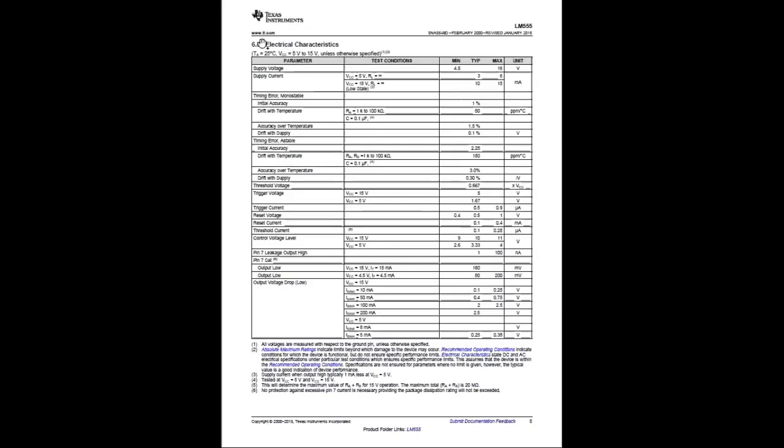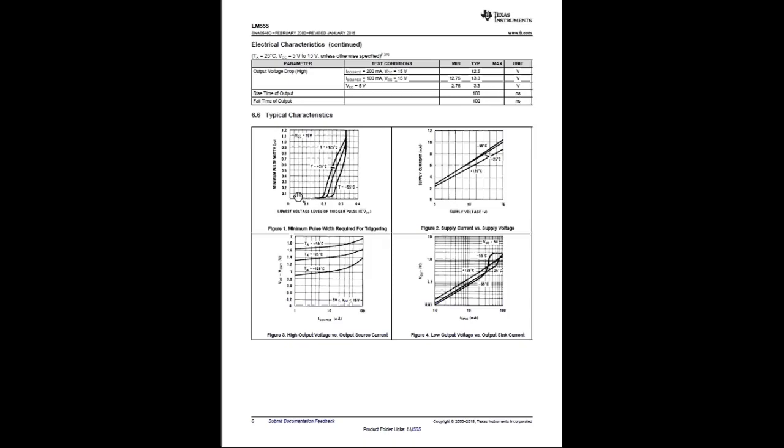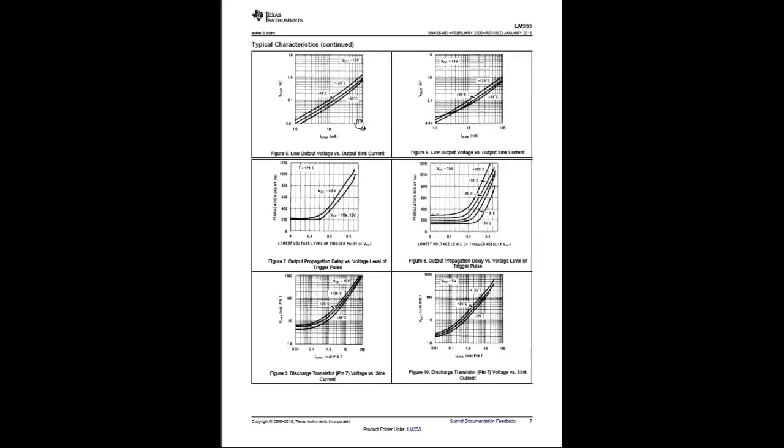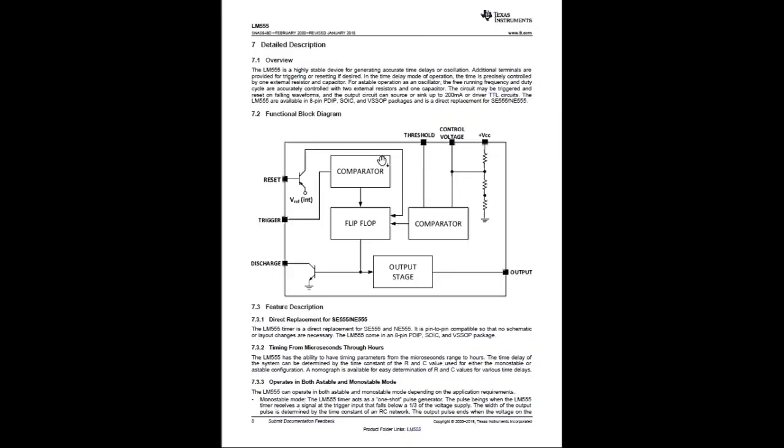Then the next important thing is the electrical characteristics. In the electrical characteristics, we'll find ranges such as what the supply voltage of the component should be, how much current it is going to consume, and the rest of the electrical specifications. So it varies from component to component. They also mention some graphs and characteristics related to that component.